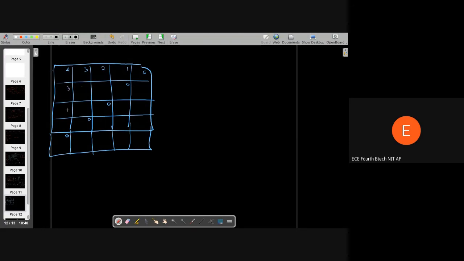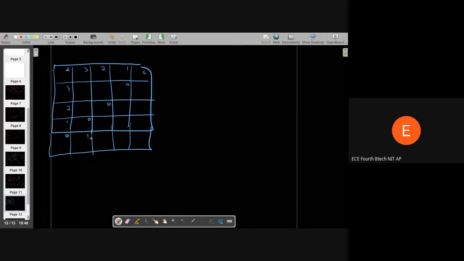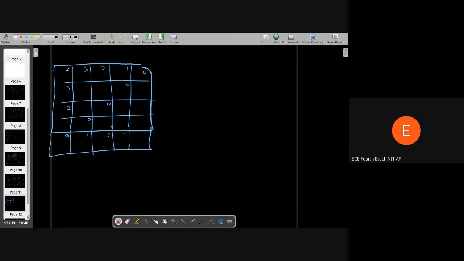So 4 2 1. So this is your simple distance matrix.